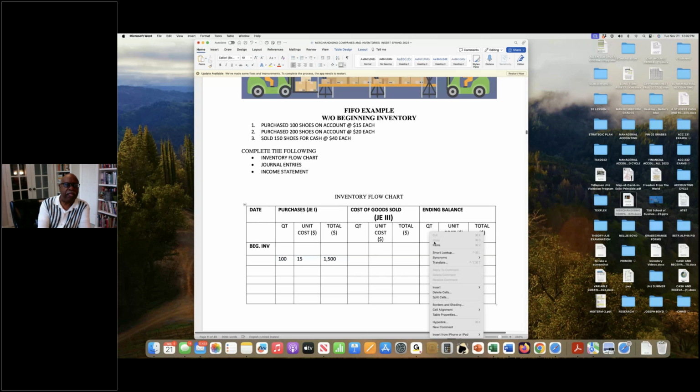Then when we buy the 200 pairs at $20 each, you get $4,000, and we move that over to what's available to sell. So this is what we have available for sale.